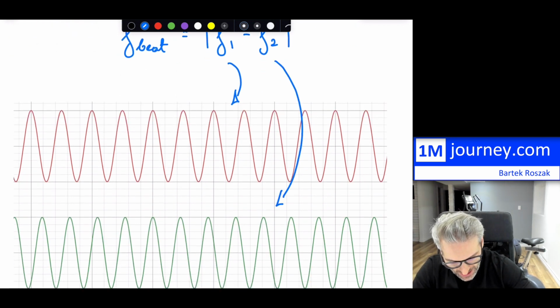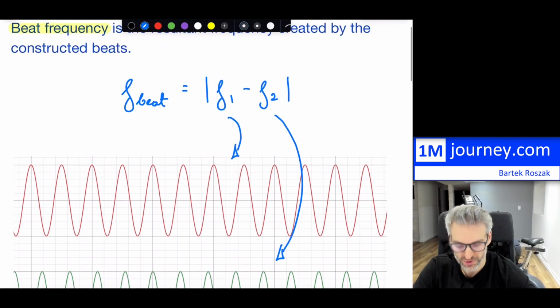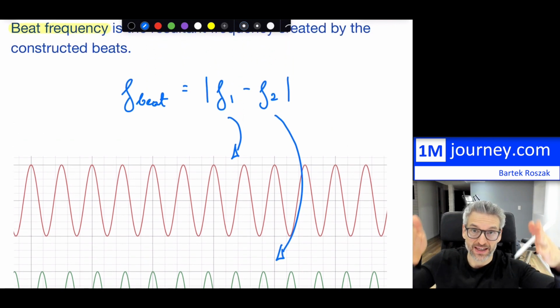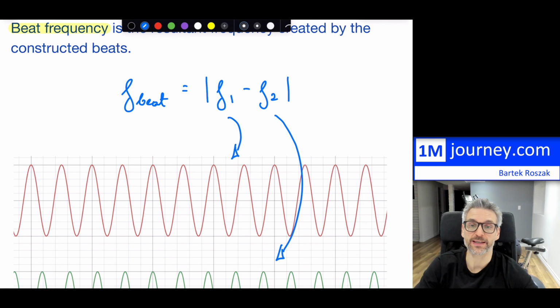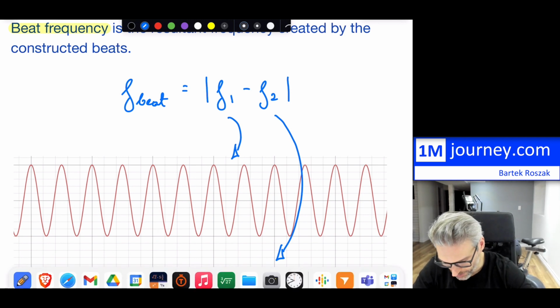So if you take these two frequencies, you subtract them, and you take the magnitude, that will give you what the frequency is, because of course frequency is greater than 0. It's a positive number.